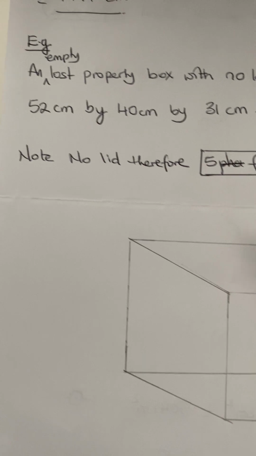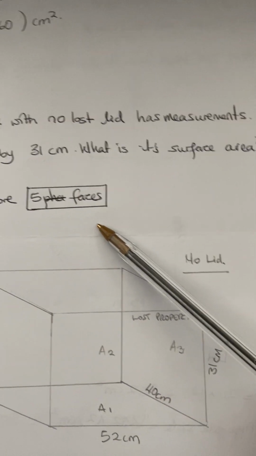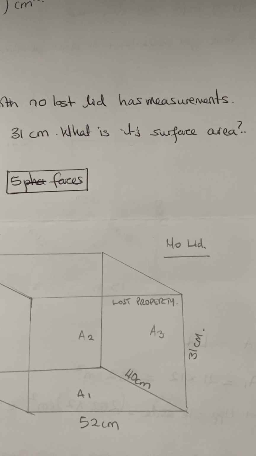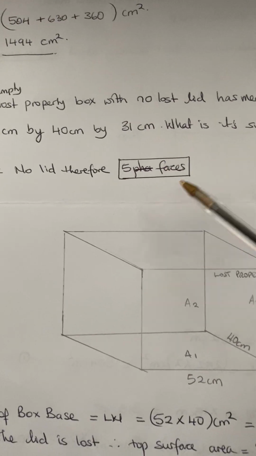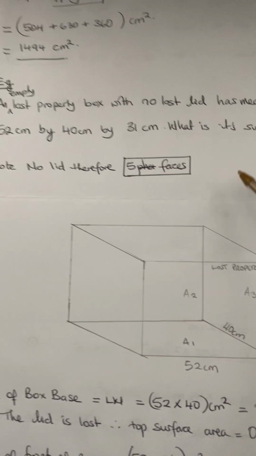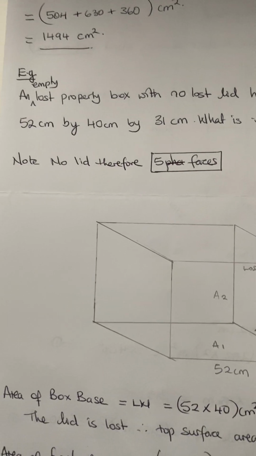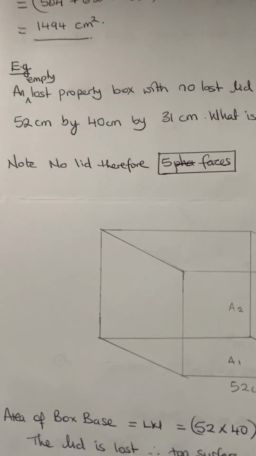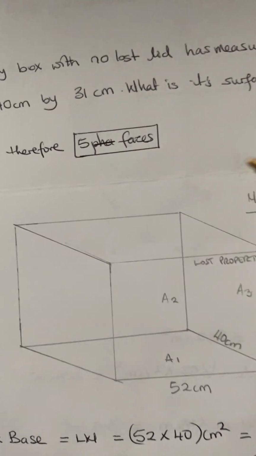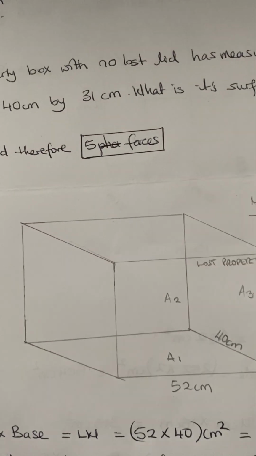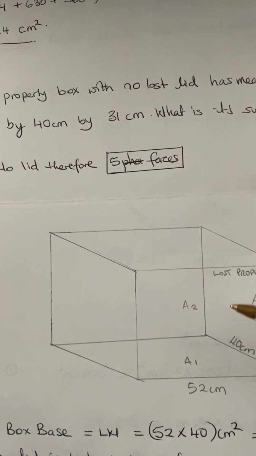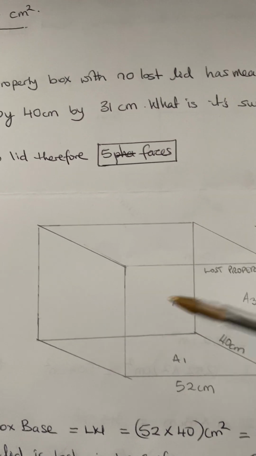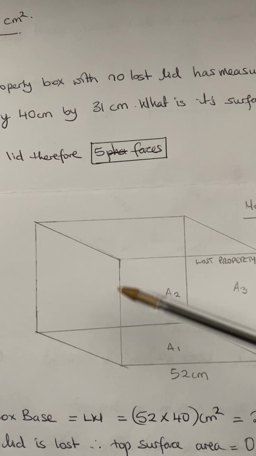So now look at the question. It didn't say lost property box, but you have to read the question and understand that they are asking you to find the surface area. Because if you split that shape open and you find the area of each part and add them together, that is the surface area.